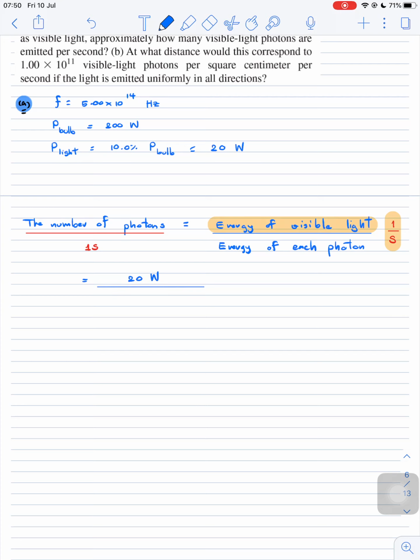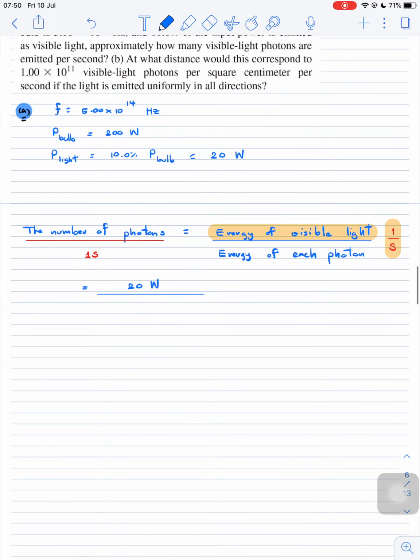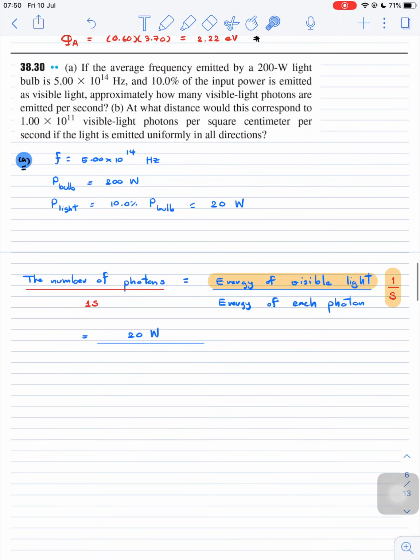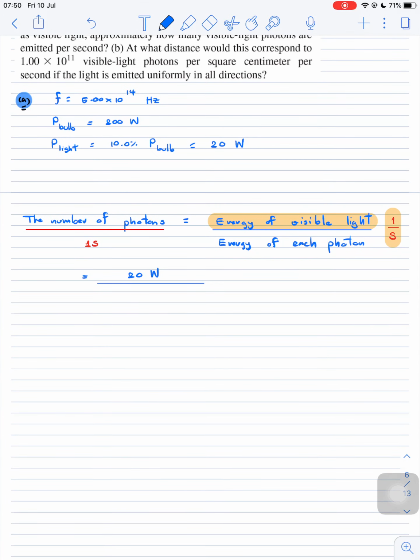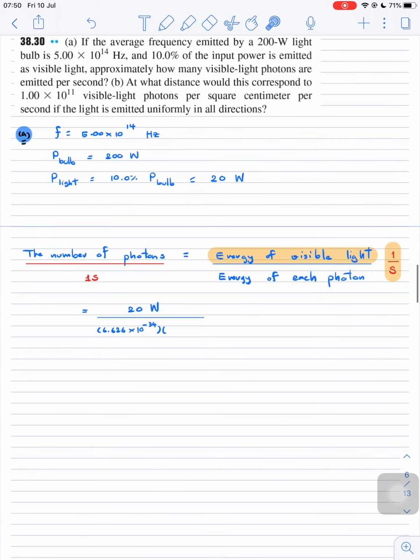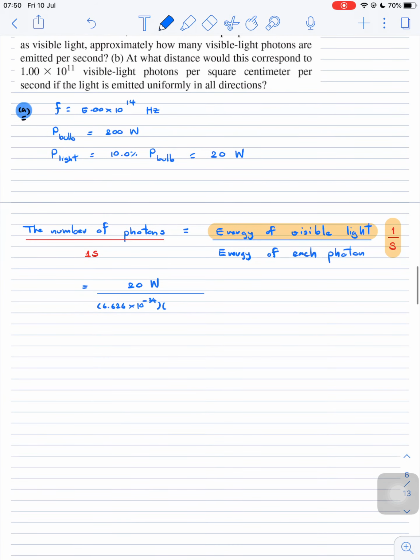Over the energy of each photon, so let's use h times f: the Planck constant, 6.626 times 10 to the negative 34, and the frequency, 5.00 times 10 to the 14.